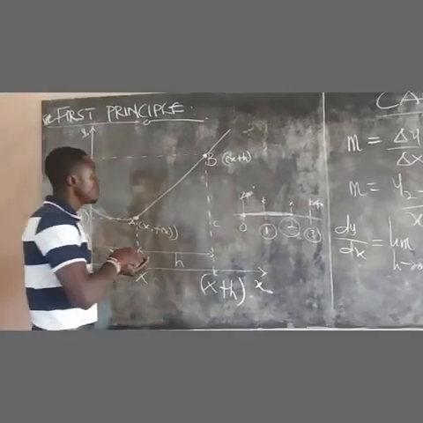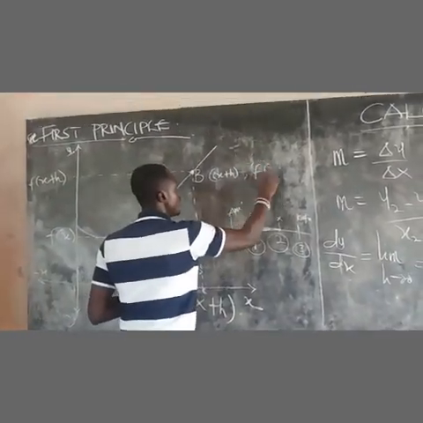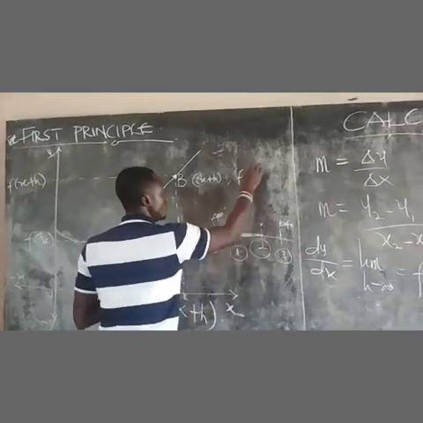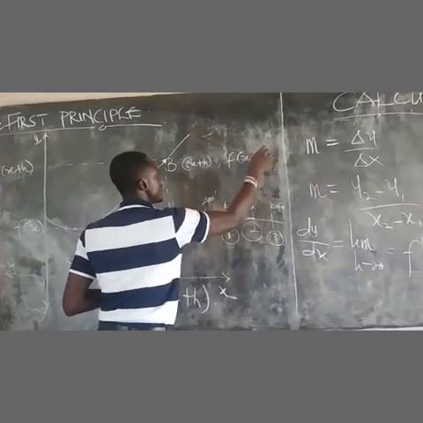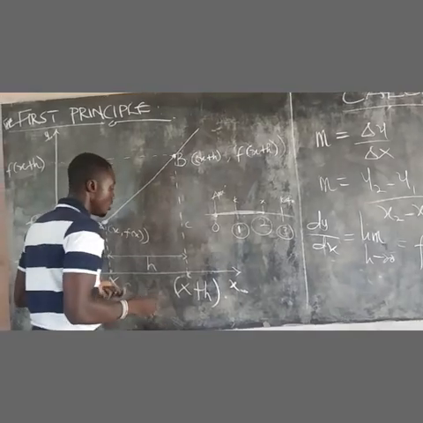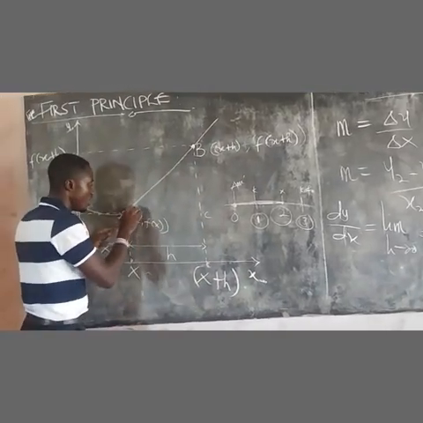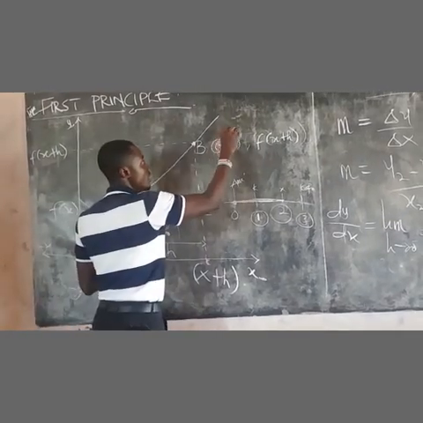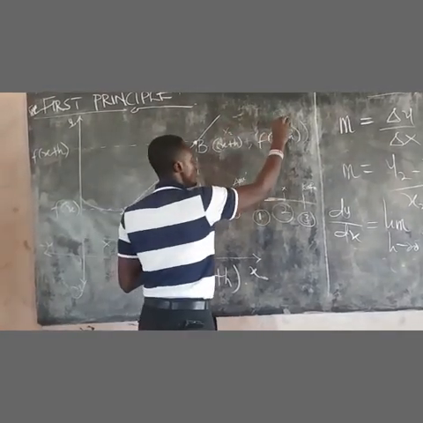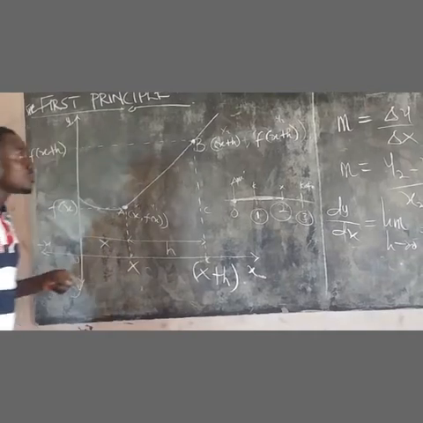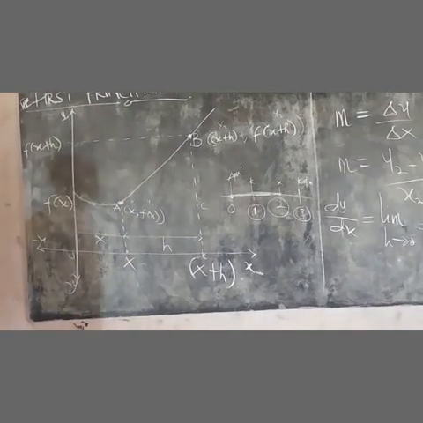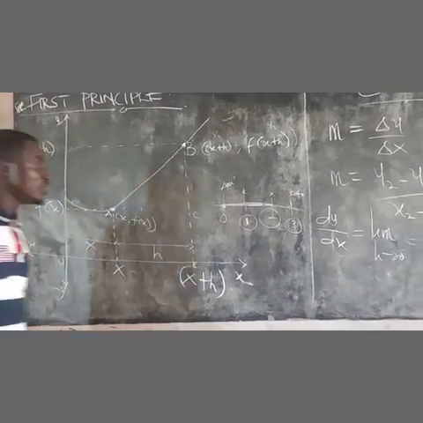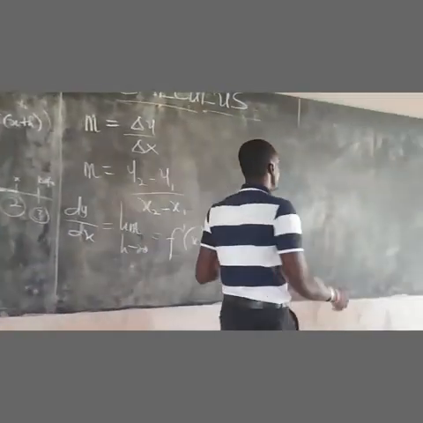y2, so you have f of x plus h. Good. So point A, you have x1, y1. You have x2, y2. So let's find the gradient of line AB.